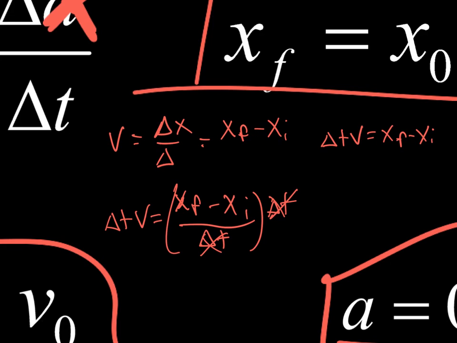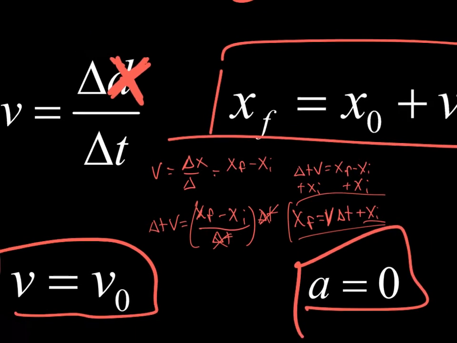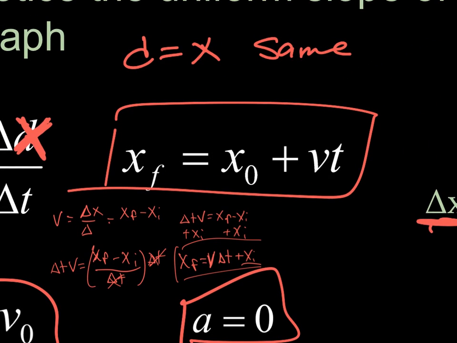I want to find an equation for the final position, so I'm going to add xi to both sides. And so I get xf equals v delta t plus xi, your initial position. Now again, we said that xi most of the time is going to be 0, so final position can usually just equal velocity times change in time, but it's not always going to be equal to 0. So that's where we get this equation right here.